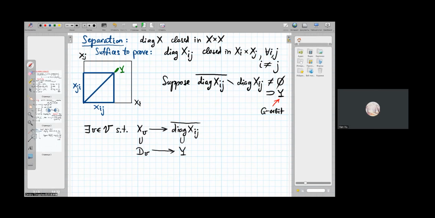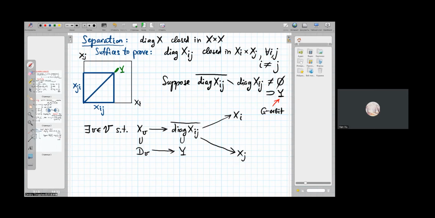Okay, so you have this picture. Now let's consider the projection of this closed diagonal to Xi and to Xj. So we have two projections to here and to here.